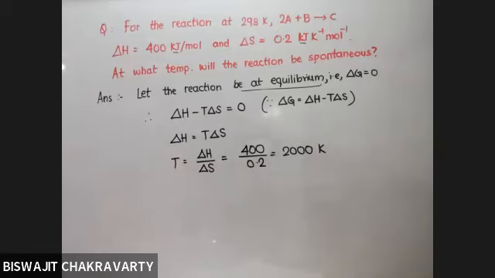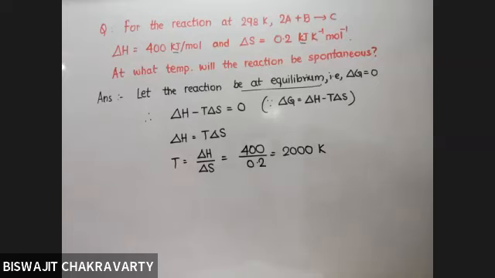Delta S. So should the temperature be higher than this temperature or lower than this temperature to make the reaction spontaneous? The high. Why? Can you tell me why? Because the temperature supports the delta S. Very good. Excellent. Because the temperature supports the delta S and delta S is favorable in this case.